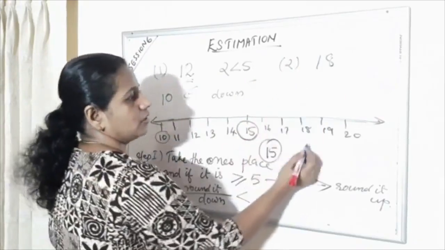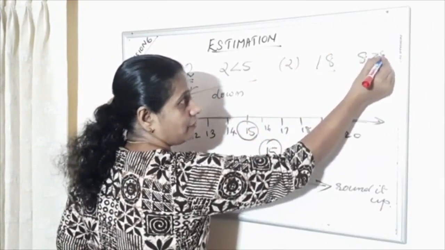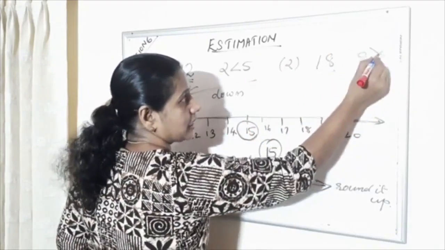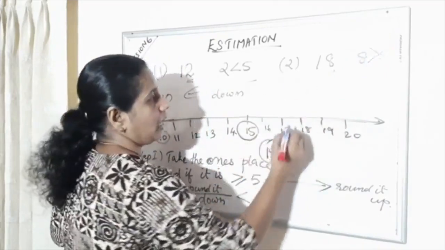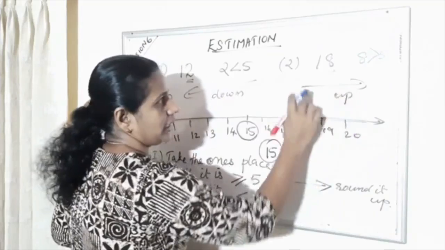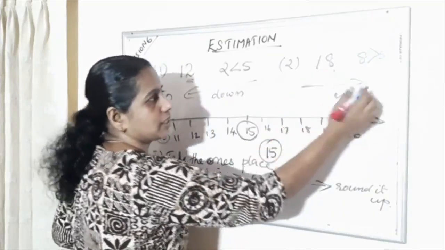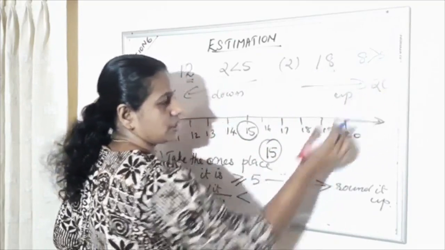Look at this number. 8 is greater than 5, so we are rounding it up. Which is the nearest multiple of 10 after 18? It is 20.